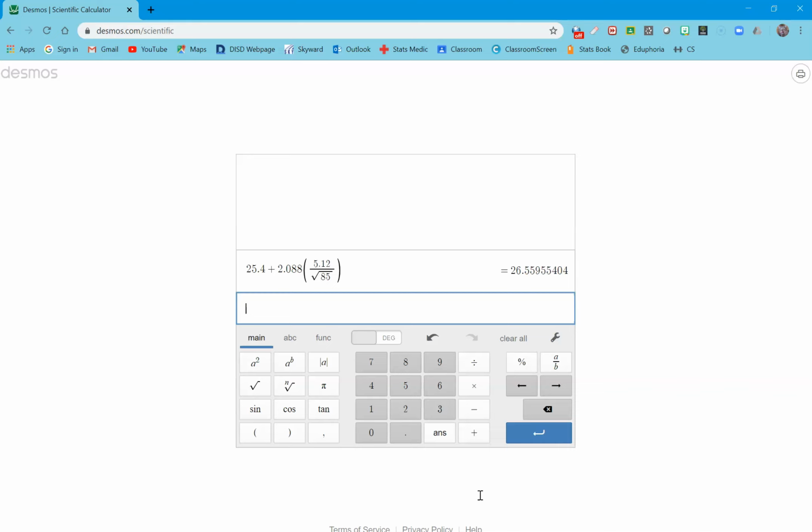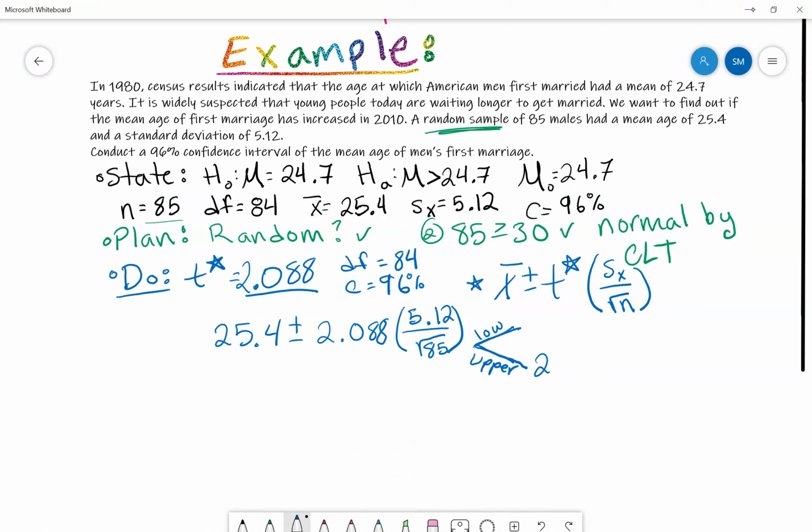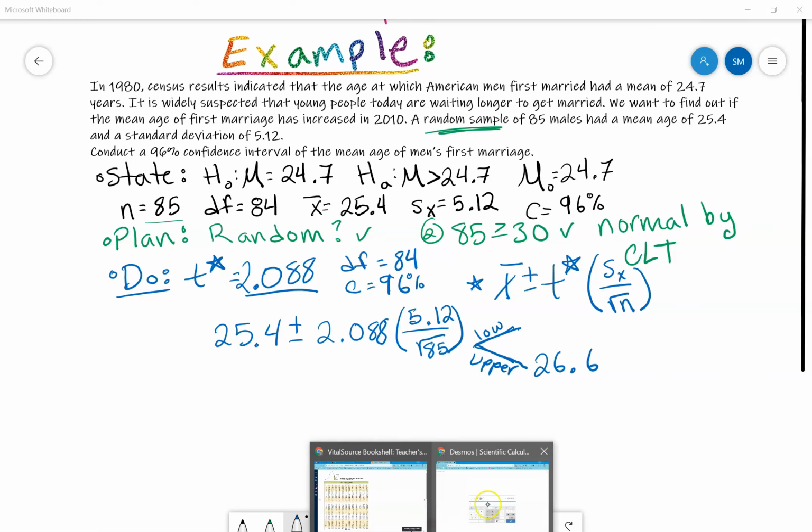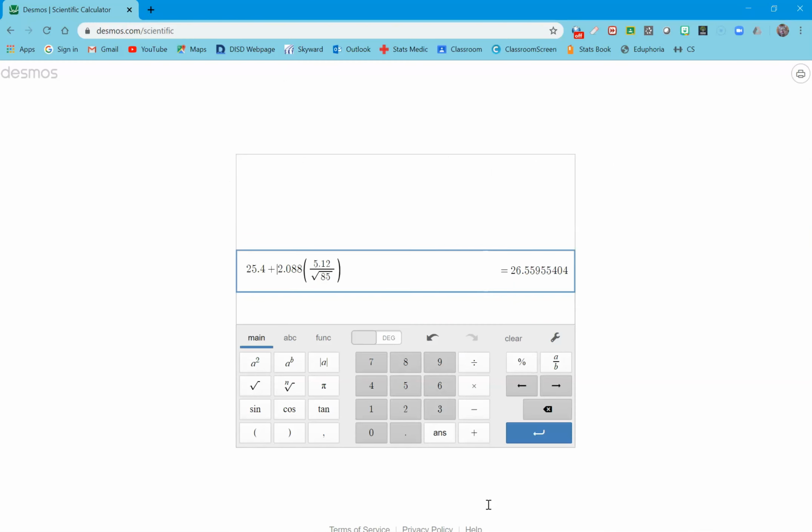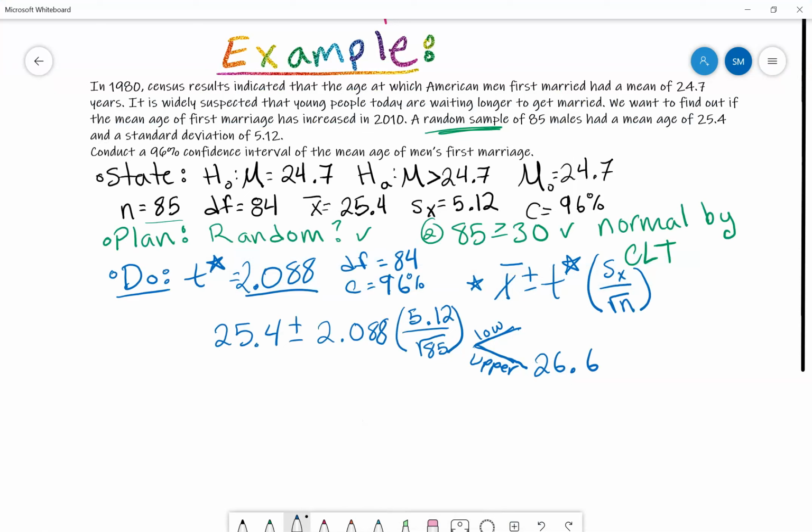I'm just going to say 26.6. So that's the upper bound, 26.6. Then we're going to do the lower bound. We go back up here, delete the plus sign, and put a minus sign. And that's 24.24. I'm just going to put 24.2.